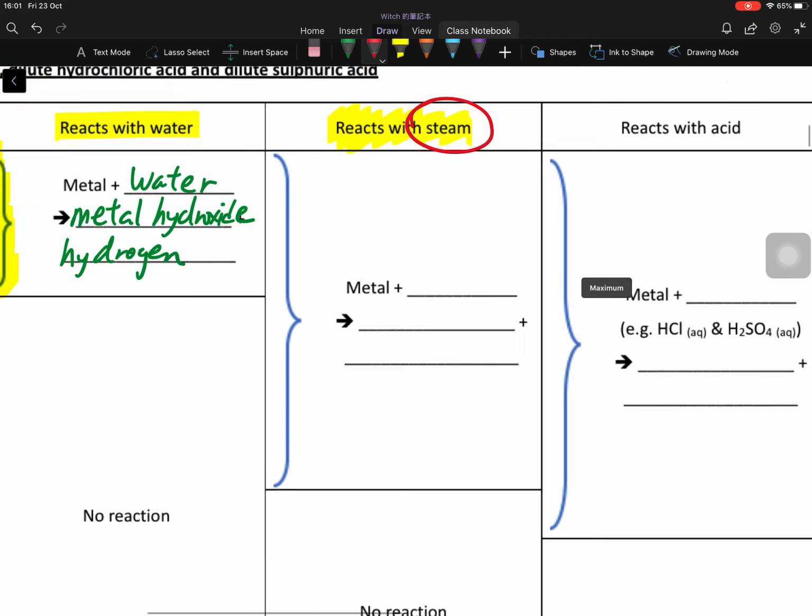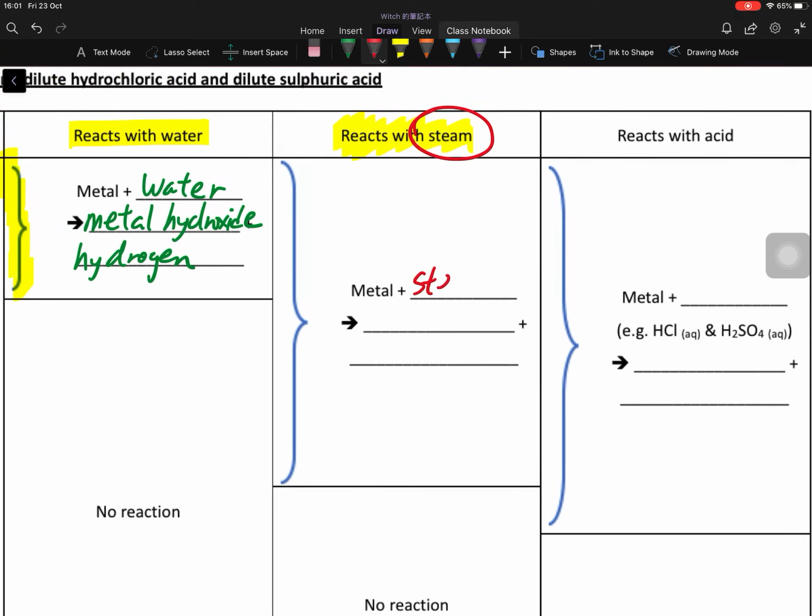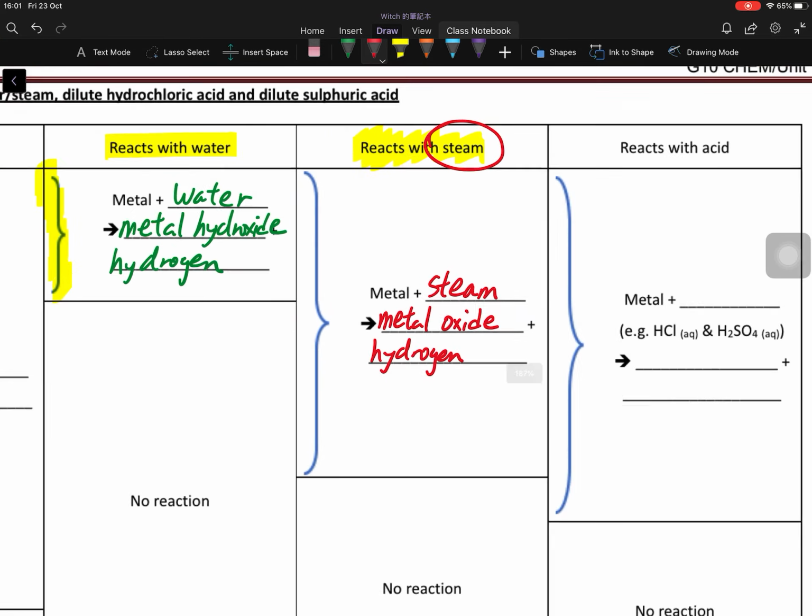So here we write it down: steam, and the result will be a metal oxide instead of a hydroxide, and again hydrogen is also obtained during the reaction.